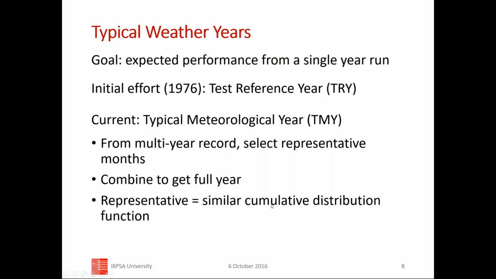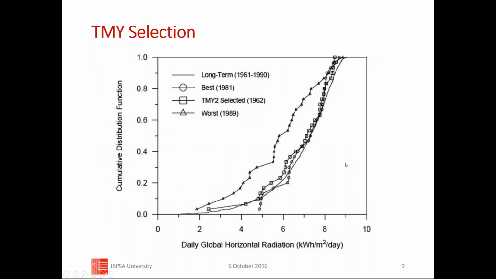To assess the representativeness, cumulative distribution functions are used. This is an example. This is for solar data, but it's done for weighted combinations of data or other measures as well as global horizontal.